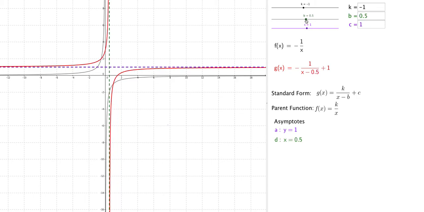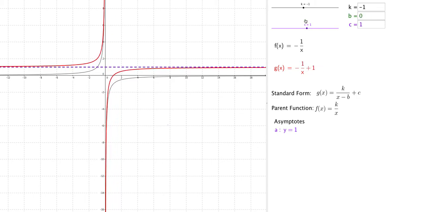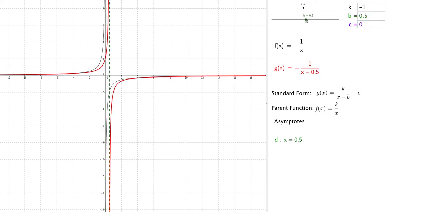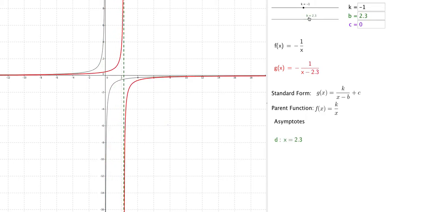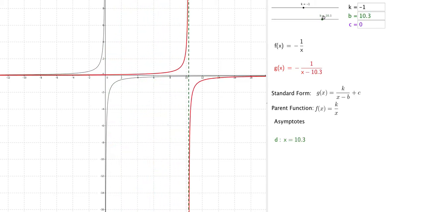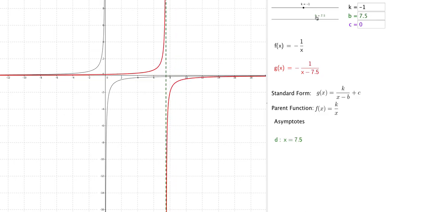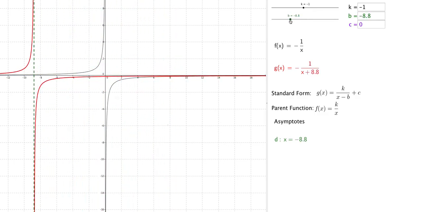When b is 0, let's put this back to 0, you have the graph of negative 1 over x. And as the b value changes, the graph just shifts. As the b value gets bigger, the graph shifts to the right, and as the b value gets smaller, the graph shifts to the left.